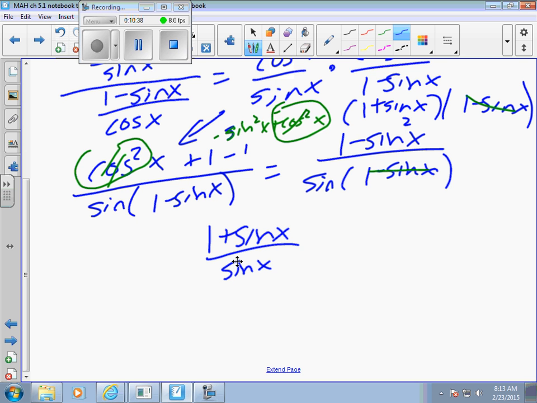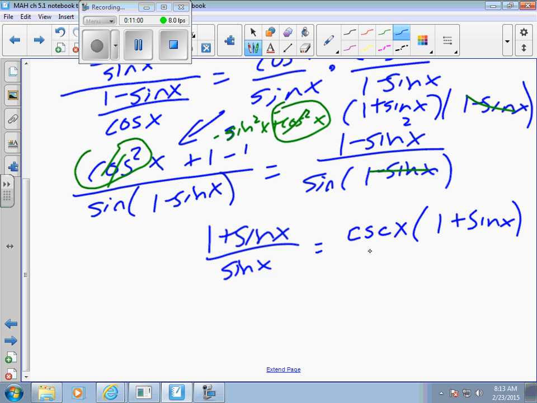And to make that just a little bit simpler, I'm going to change this into a secant on top of x times 1 plus the sine of x. If I thought this would be any simpler by distributing it, I would certainly do that.